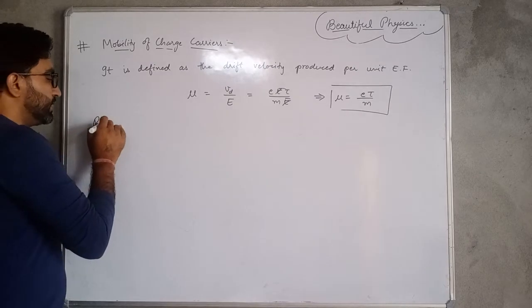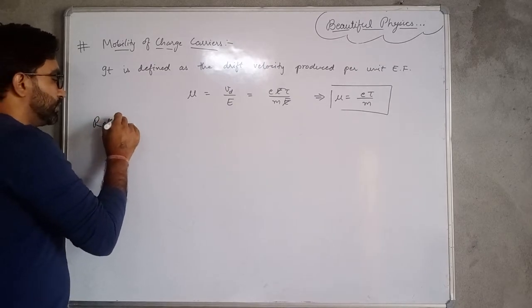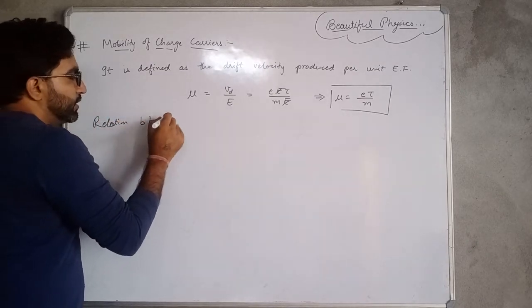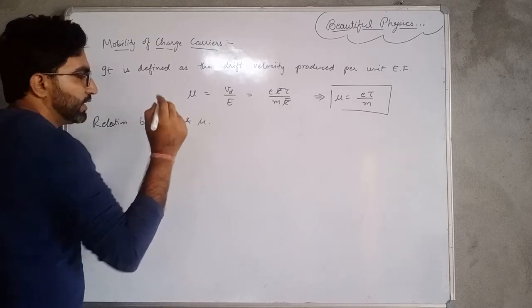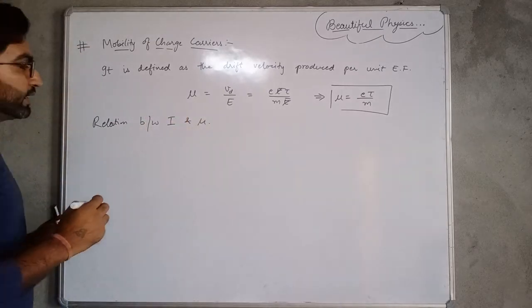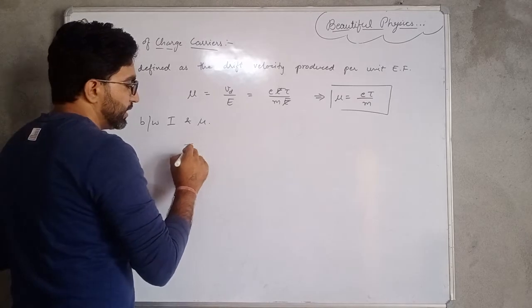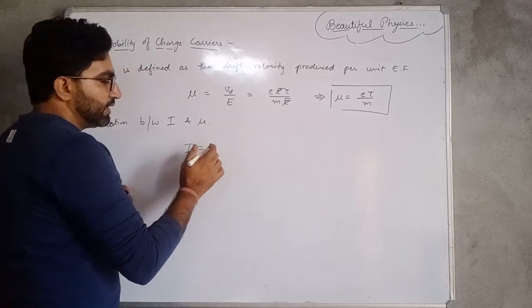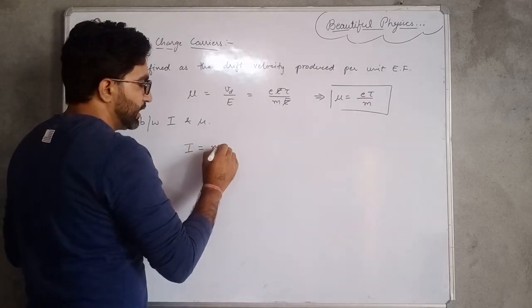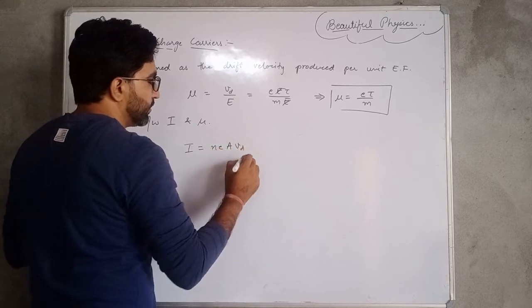I am writing the relation between current and mobility of a conductor. As we know, the relation between current and drift velocity is I = n e A Vd.